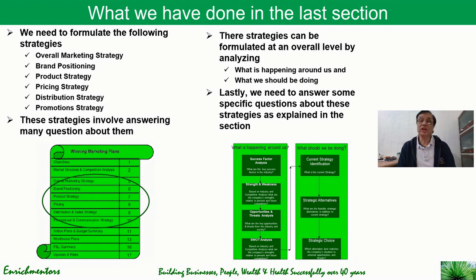One, at an overall level by looking at what's happening around us in terms of industry analysis, SWOT analysis, etc. And then looking at what we should be doing: identification of current strategy, looking at new alternatives and making a choice. Then we have also looked at some specific questions about this strategy that we need to answer, and those we had looked at in the last section.